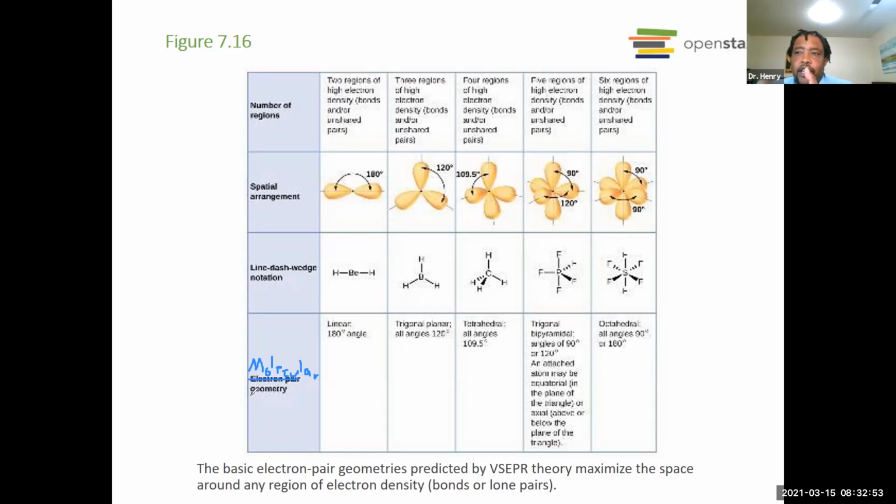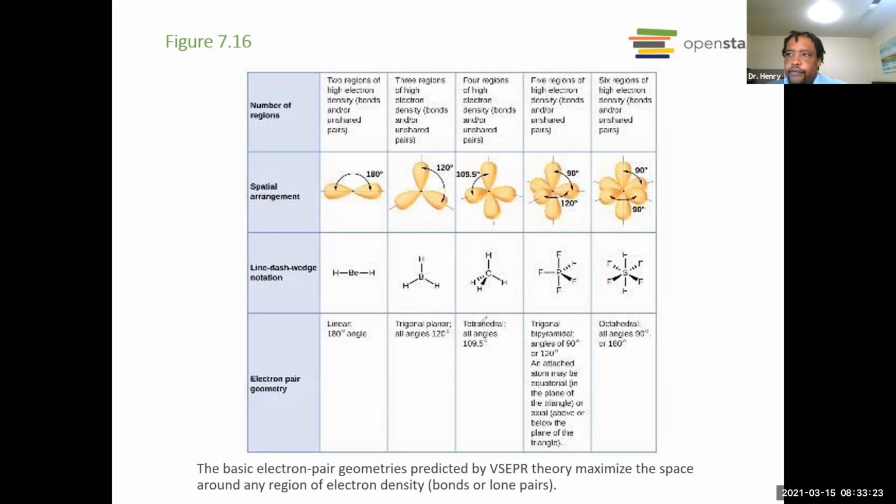In this case, because we're talking about things that are physically attached to other atoms, these would all be molecular geometry, okay? But these are also considered to be the electron pair geometry as well, okay?